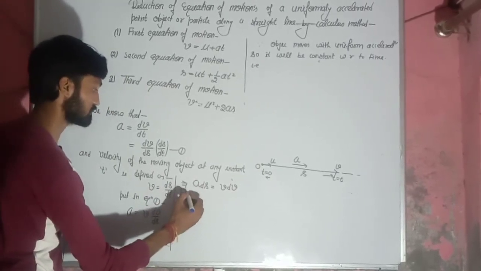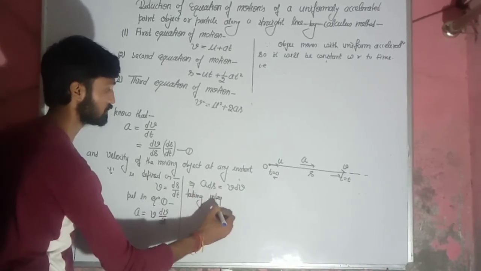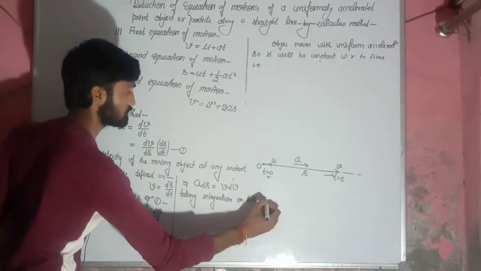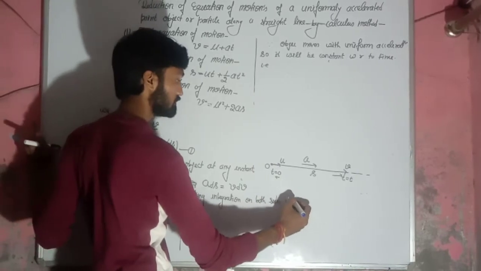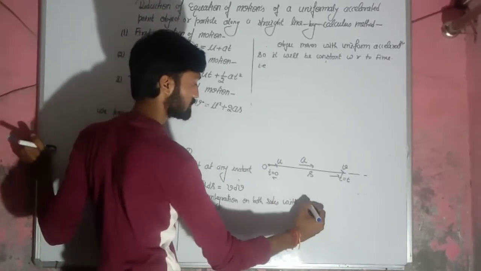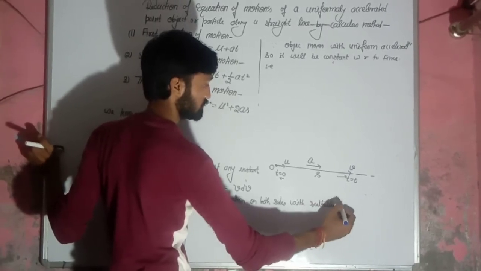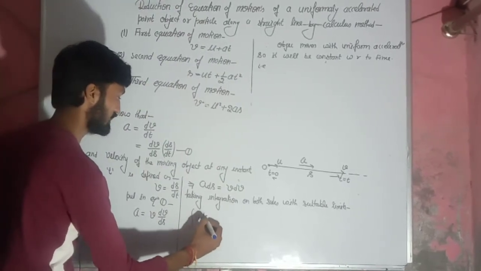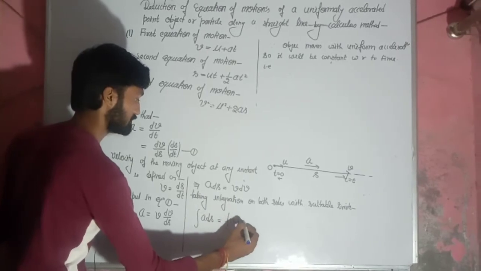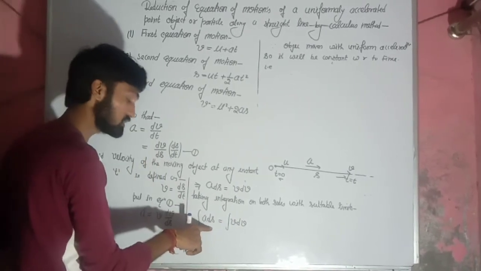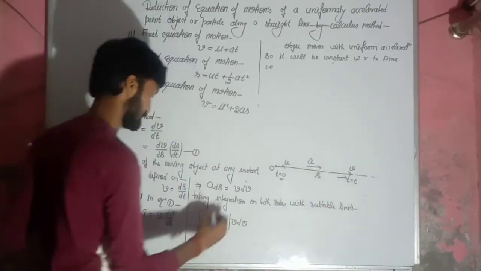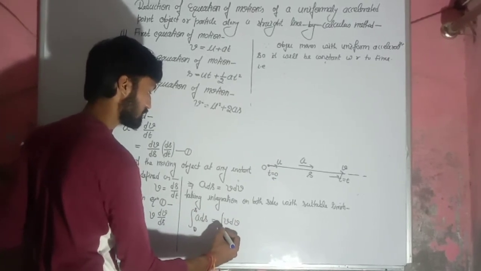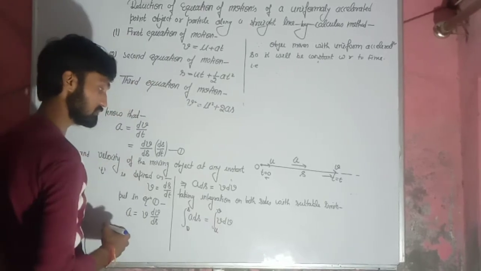Taking integration on both sides with suitable limits, we get integral of a ds equals integral of v dv, where the limit of the displacement varies from 0 to s, and the limit of the velocity varies from u to v.